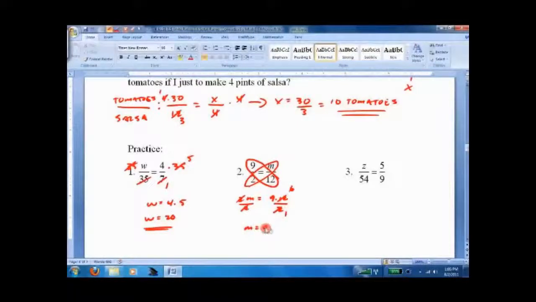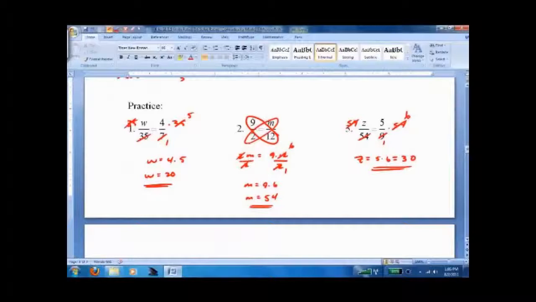M equals 9 times 6. M equals 54. Over here I'm going to multiply both sides by 54. Cancel, cancel. 1, 6. Z equals 5 times 6, which is 30. Make sure you do your math right. If you want, you can check, but if you do it right, shouldn't have too many problems.